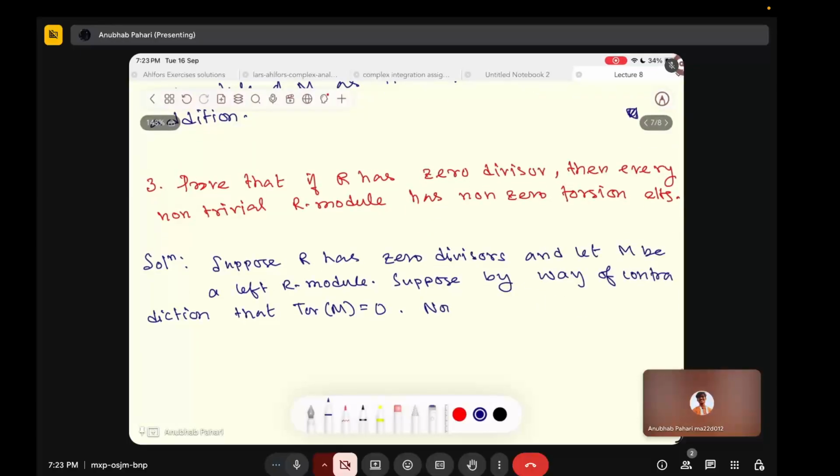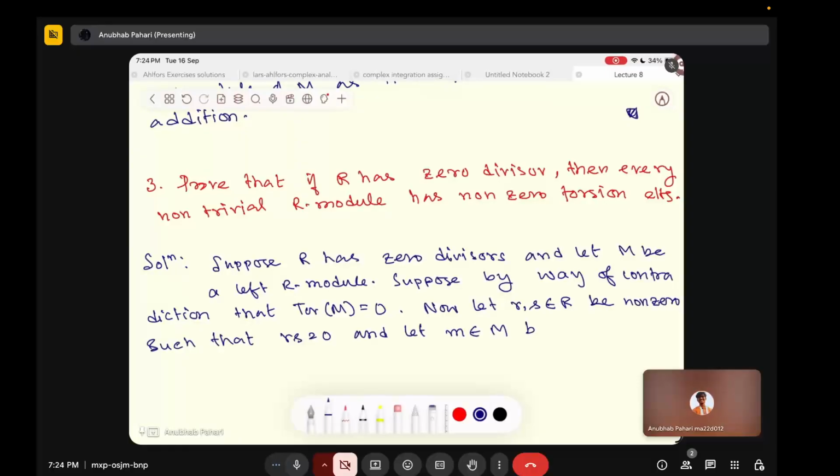Now let small r, s be non-zero such that r s is equal to 0, and let small m belonging to capital M be non-zero.